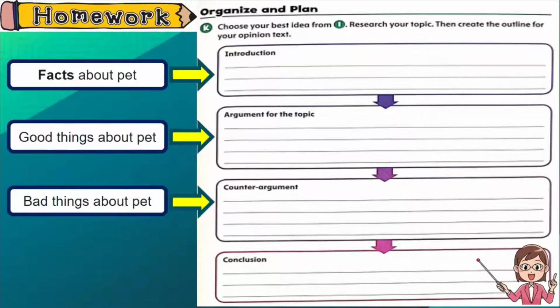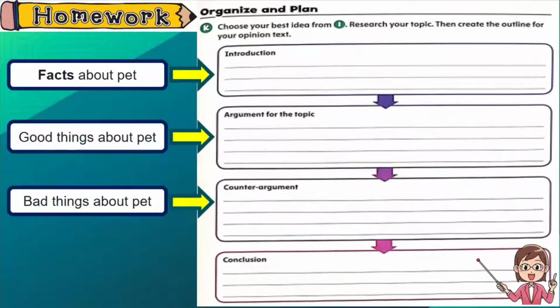Why is having a pet bad? And don't forget, for the second and third paragraph, you also need to give the reason. For the second paragraph, the good thing about having a pet, and then give the reason why it's good. And then the bad thing of having a pet, give the reason why it's bad.